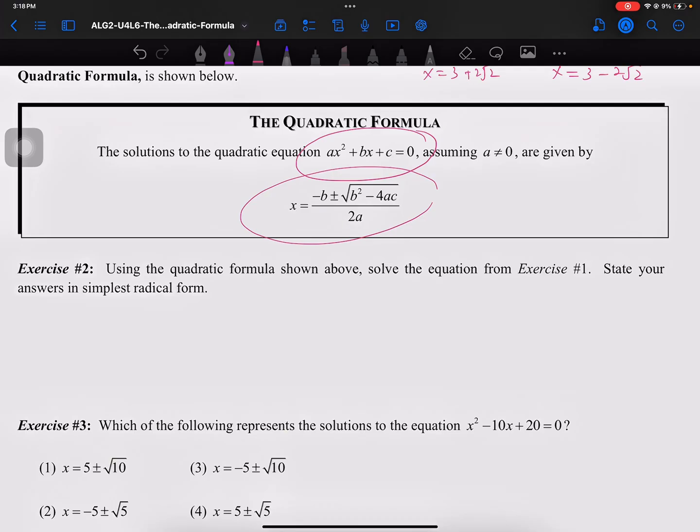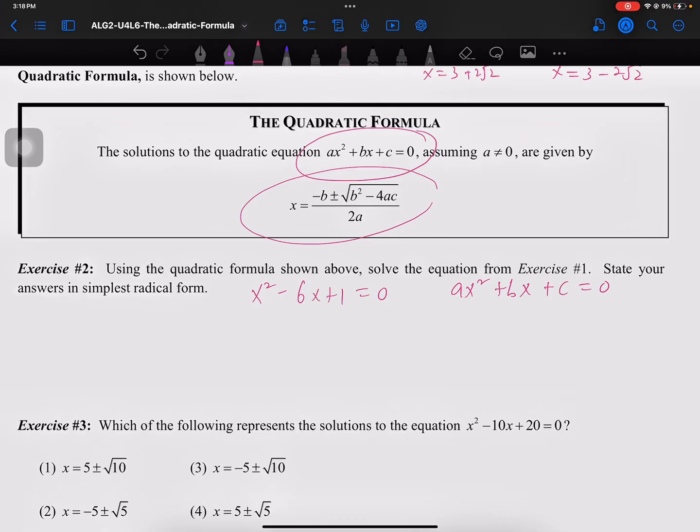Okay, so from exercise 1, we try to use the quadratic formula and give the answer in simplest radical form. So this x squared minus 6x plus 1 equals 0. We need to write it in this form.